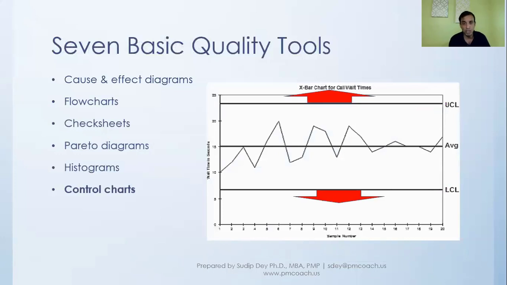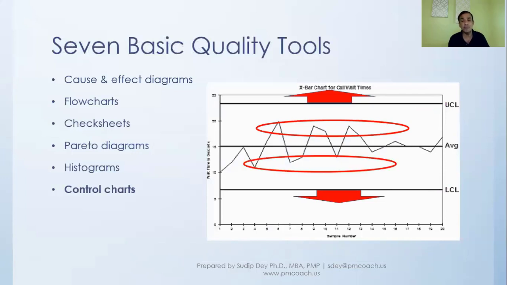the process. Sometimes we will also say that if there are quite a few consecutive points above the average, or between the upper control limit and the average, then it is a failure, as well as if there are consecutive points below the average.